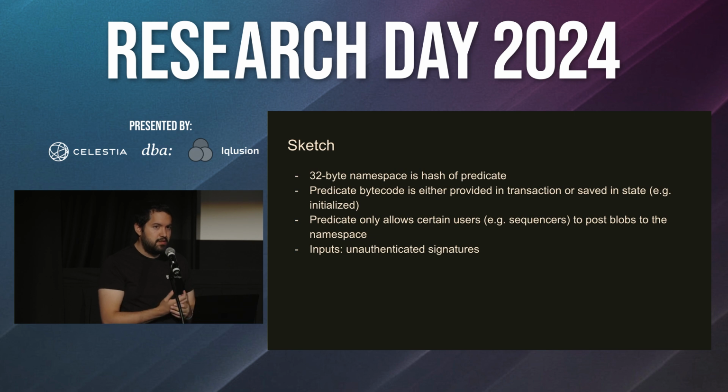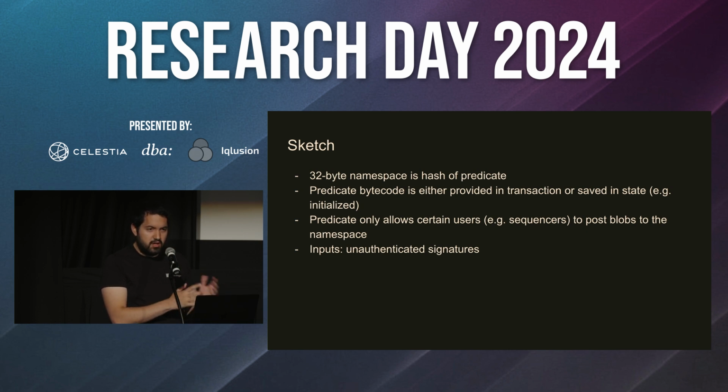This is how Bitcoin does it. If you want to do something more stateful, you could also first initialize the predicate bytecode and save it in the Celestia state, and then you only need to provide it once ever. Then the predicate, as part of its logic, can enforce things like only one transaction is allowed in that namespace, or that the only people allowed to post in this namespace have particular pub keys.